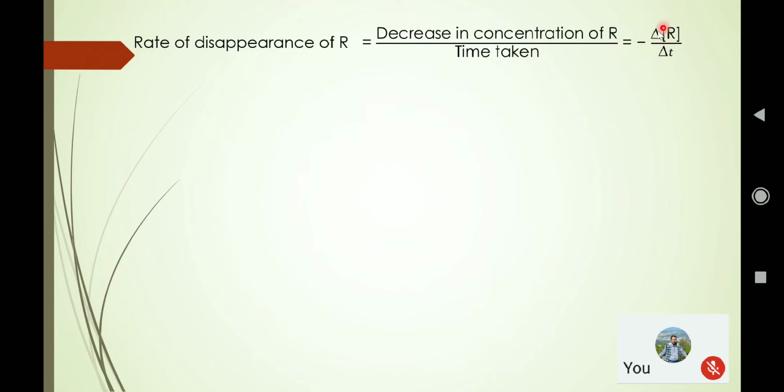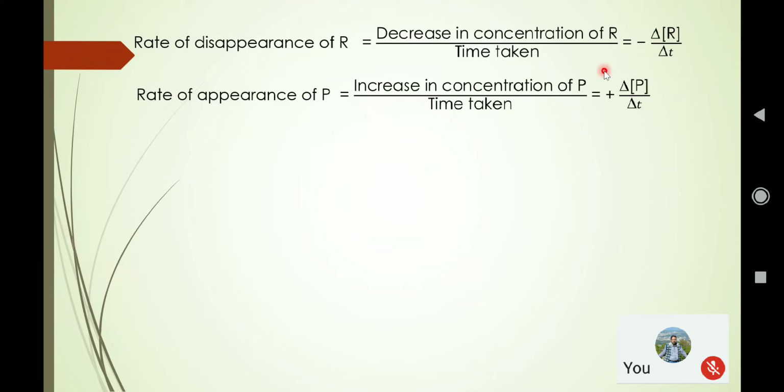Now this delta R by delta t explains a large difference in concentration over a larger time interval, so this ratio is the average rate of decrease in concentration of reactant. Similarly, the average rate of appearance of product will be the increase in concentration of product with time, that means delta P by delta t.